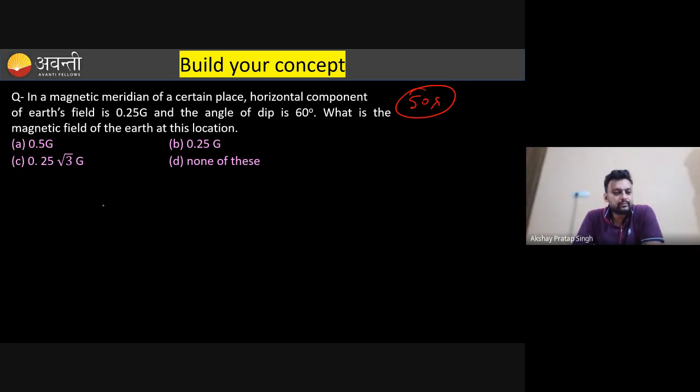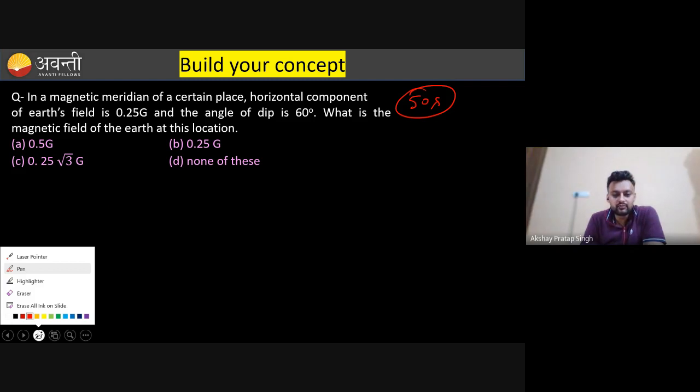Are you solving the question? You can say yes or no. If you can solve this question or need more time, you can say need more time. Or if you can't solve, you can say no, sir, I can't solve this question. Need help. You can say anything like that.